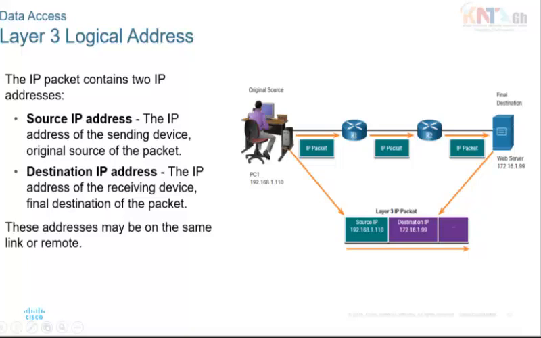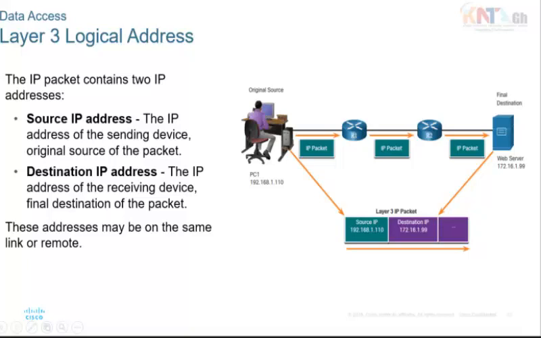At layer 3 of the OSI model, the encapsulation unit is the packet. So these routers can be found at layer 3 of the OSI model, and what they forward are packets. When it leaves the original source, before it reaches these routers, it starts as bits, and this is layer 1.